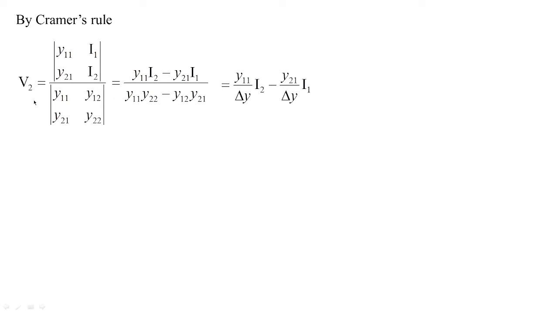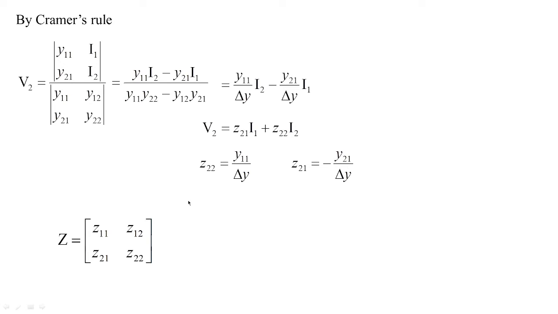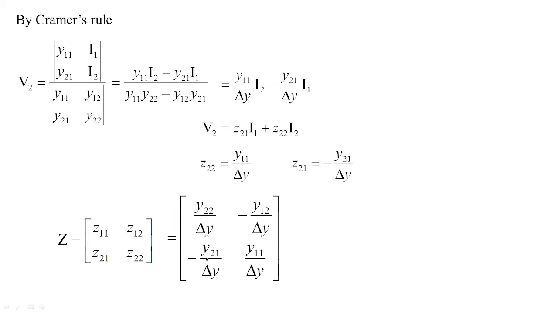I am going to get V2 in terms of I2 and I1, and this I'm going to compare with the standard impedance parameters, that is V2 is equal to Z21 I1 plus Z22 I2, so that I'm going to get the value of Z22, which is equivalent to Y11 by delta Y, and Z21 is equal to minus Y21 by delta Y.